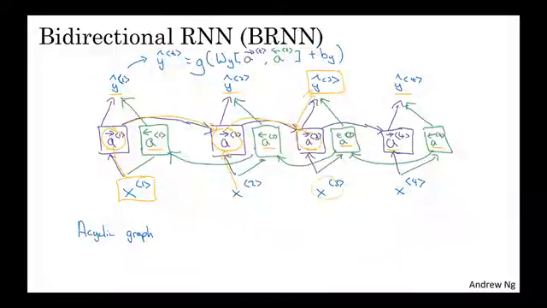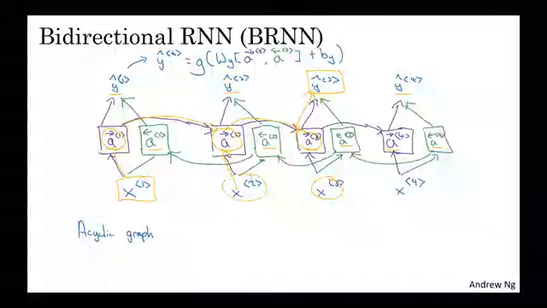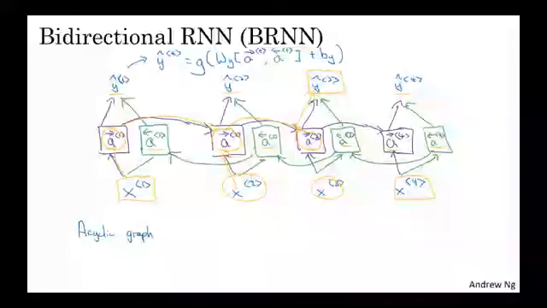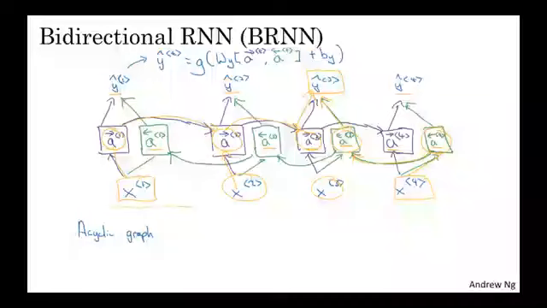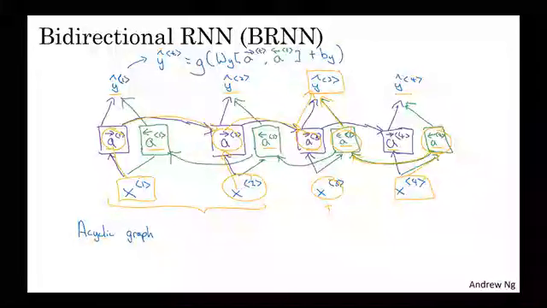So information from x1, x2, x3 are all taken into account, whereas information from x4 can flow through backward A4 to backward A3 to y hat 3. This allows the prediction at time 3 to take as input information from the past, the present, which goes into both the forward and backward units at this step, as well as information from the future.